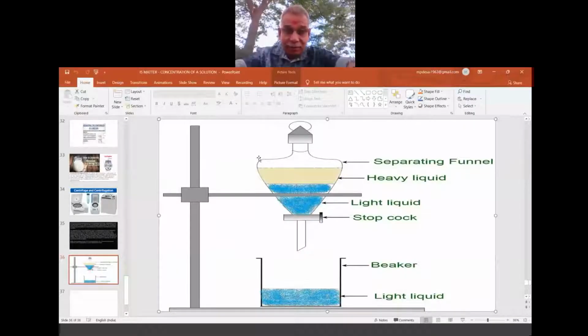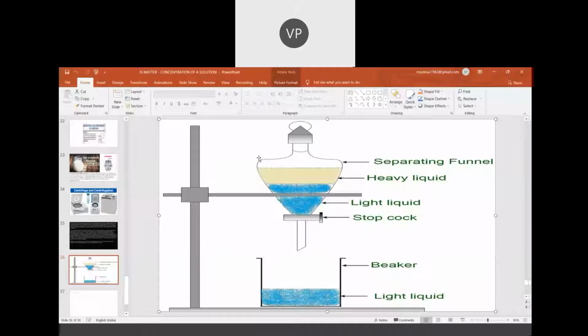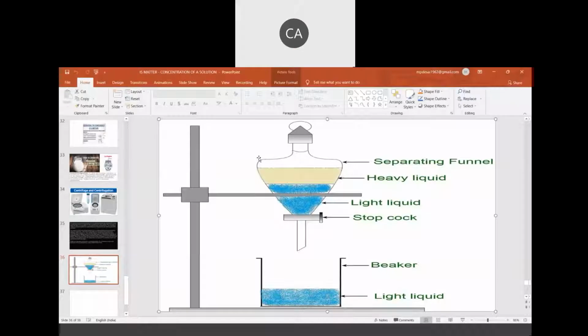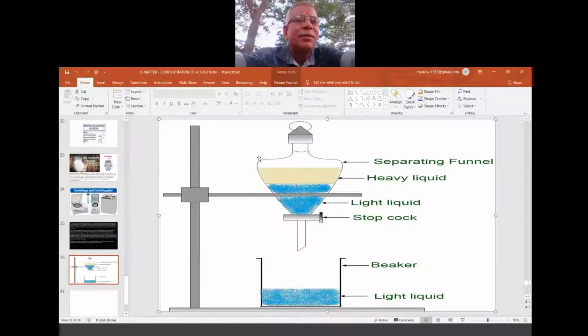Sir, what happens when we cut litmus paper? One by one, please. Sir, what happens when we cut litmus? Sir, he is asking what will happen if we cut lithium. Lithium?